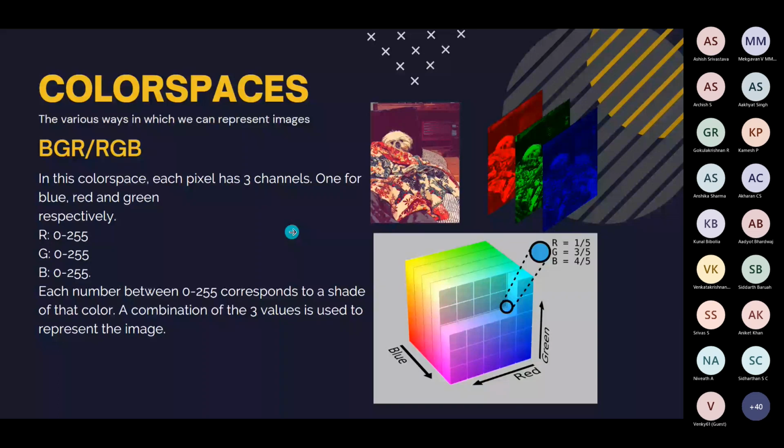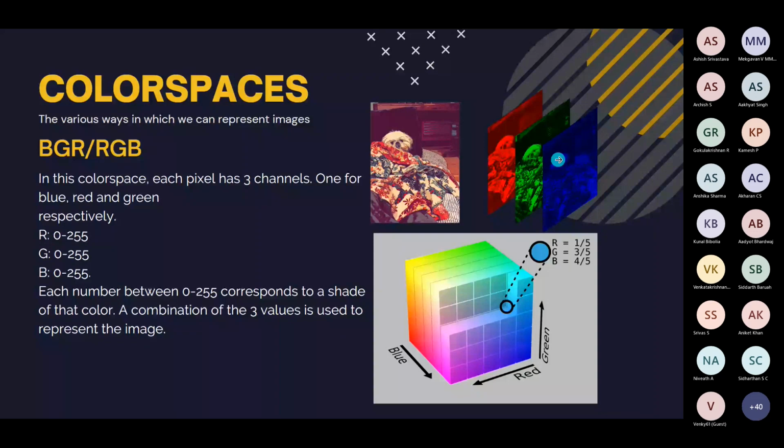In this color space, each pixel of the image has 3 channels. Like you can see over here, there are 3 different layers to this image. And just like the grayscale image, each layer, instead of representing black and white, represents shades of blue, green, and red in that particular order.